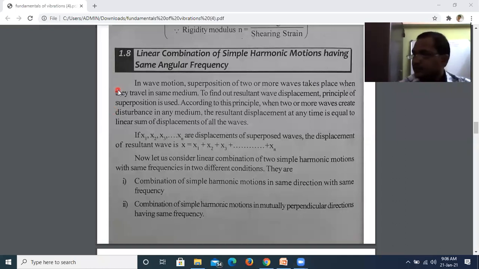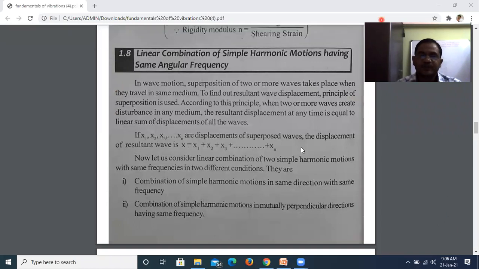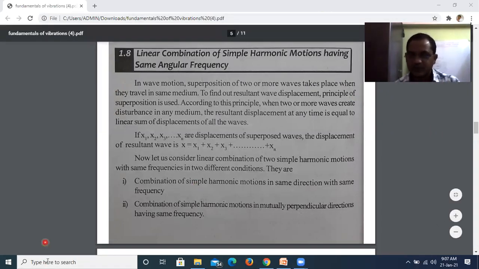We know that the displacement of simple harmonic motion is x equal to a sin(omega t plus phi) or a cos(omega t plus phi), right? So here we discuss the case when more than two simple harmonic motions, whether having the same direction or in perpendicular directions, are superimposed, what would be the resultant?